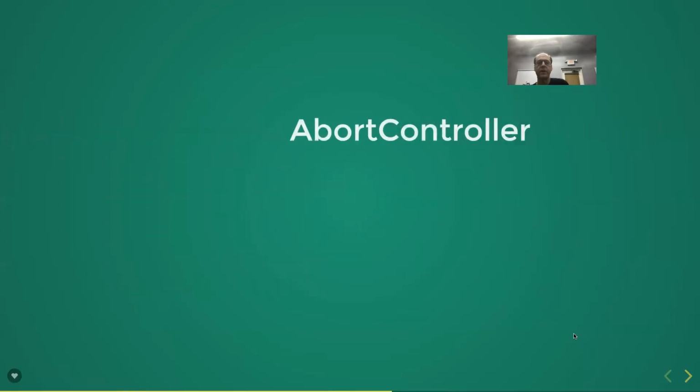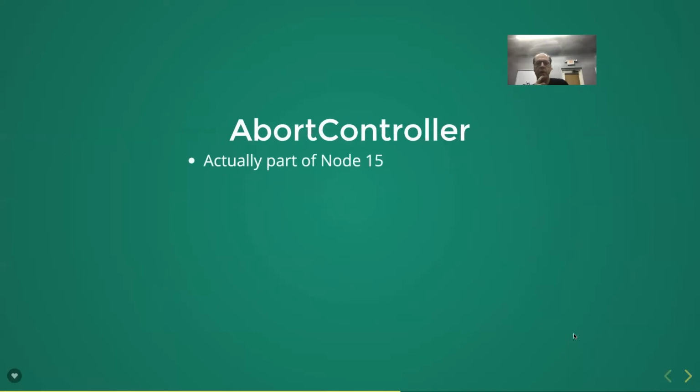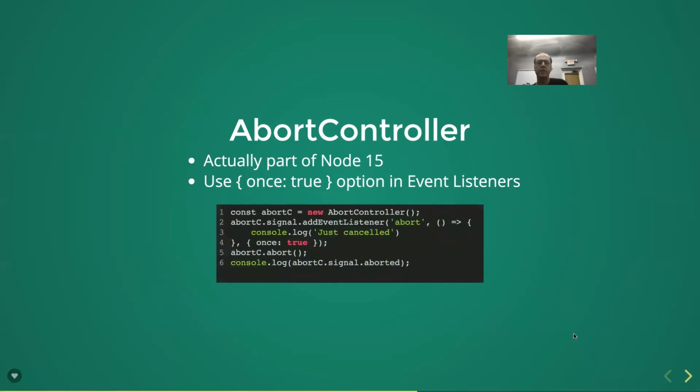And here's the AbortController. This was actually part of Node 15, and it has a once true option you can use inside the event listeners. Here's an example of us instantiating an AbortController. Then you can take the AbortController, hook into its signal property, and add an event listener.